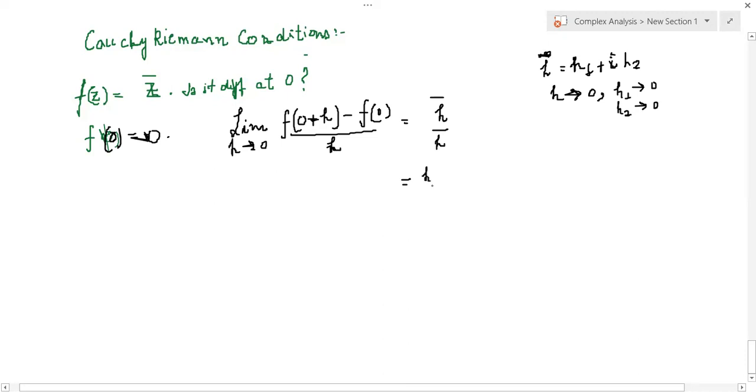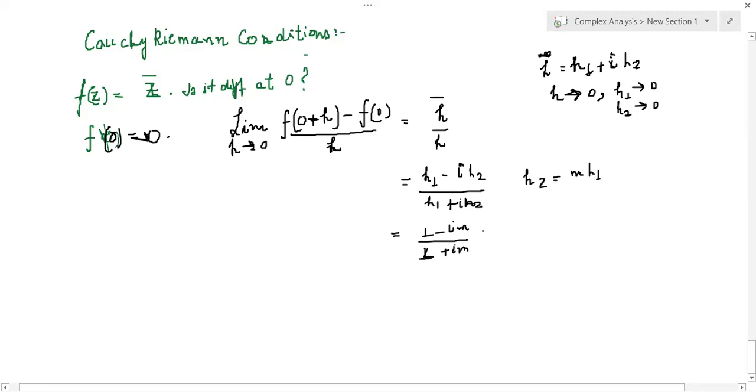H bar would be h1 minus iota h2 divided by h1 plus iota h2. And if I take simply a path like this, that is h2 equal to m times h1, then it will be like 1 minus iota m divided by 1 plus iota m.